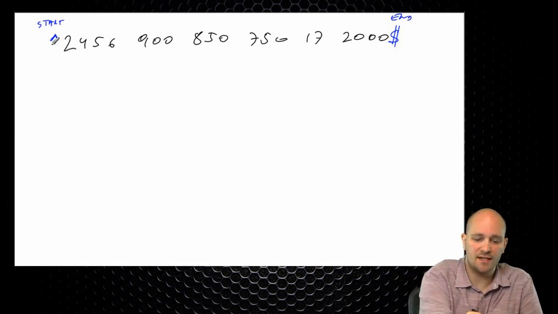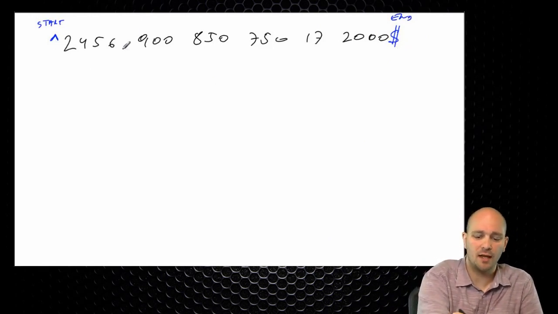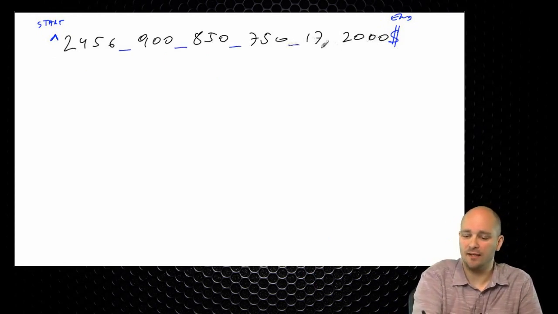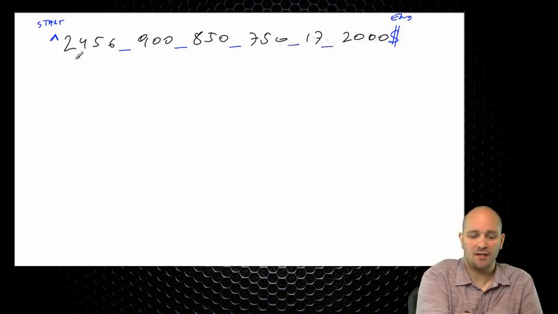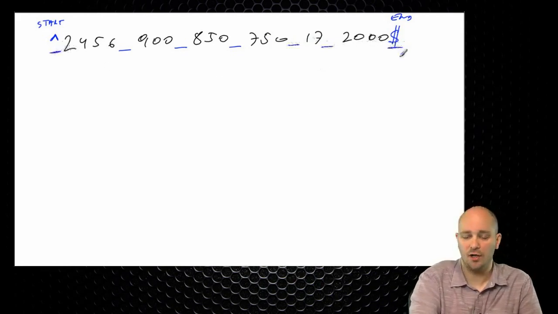So caret indicates the beginning of the string, the dollar indicates the end of the string. All these empty spaces in between here can be identified with underscores, but underscore will actually match the caret and the dollar as well, just so you keep that in mind.